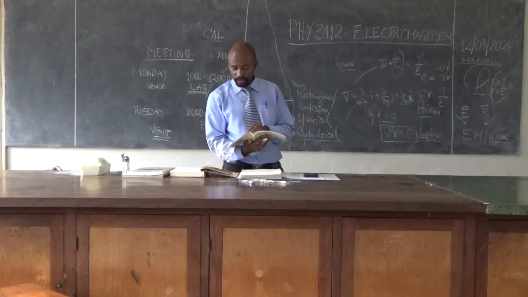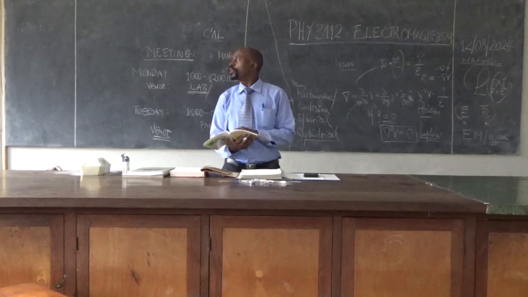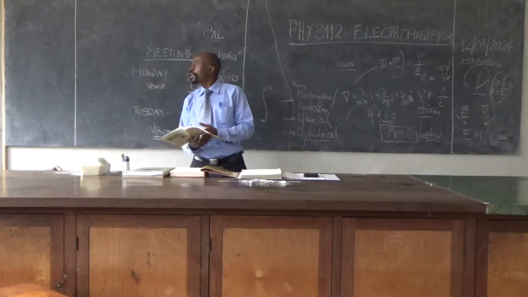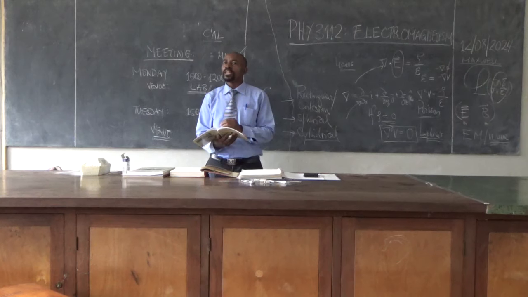So what are the properties of conductors? If you have a conductor, eventually when nothing is going on, it has the same positive and negative charges inside it. So that means it is neutral. If there is any charge, it would reside on the surface of this conductor.